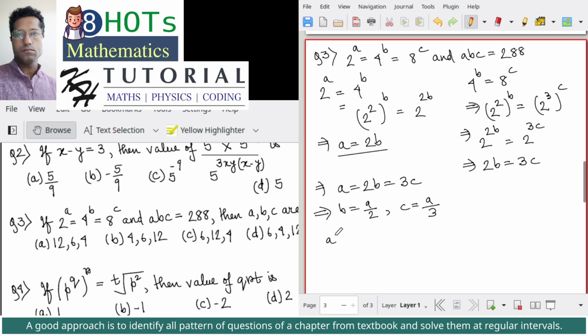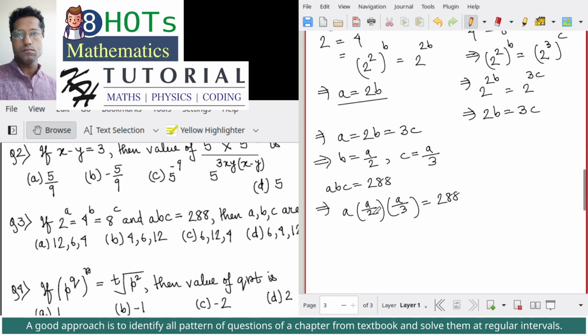Now we have abc is equal to 288. So a multiplied by b, which is a by 2, multiplied by c, which is a by 3, is equal to 288. If I simplify the LHS, it becomes a cube by 6 is equal to 288.